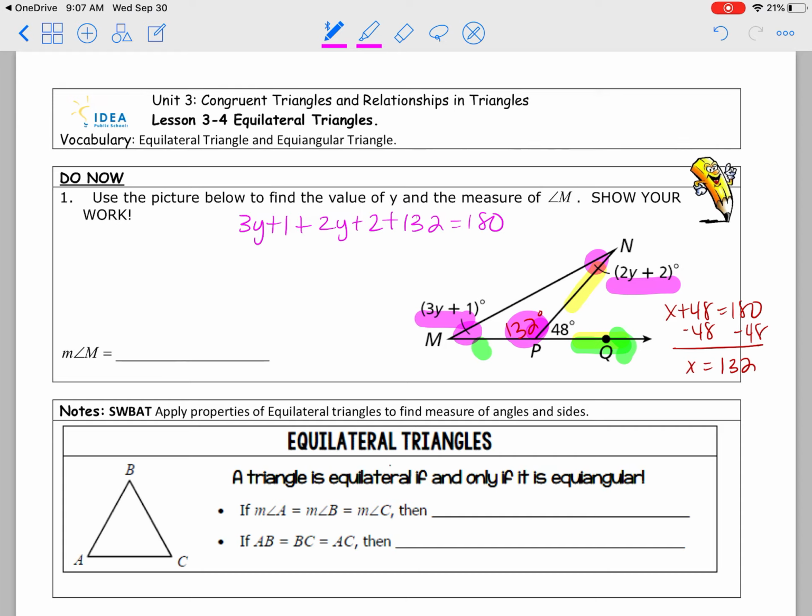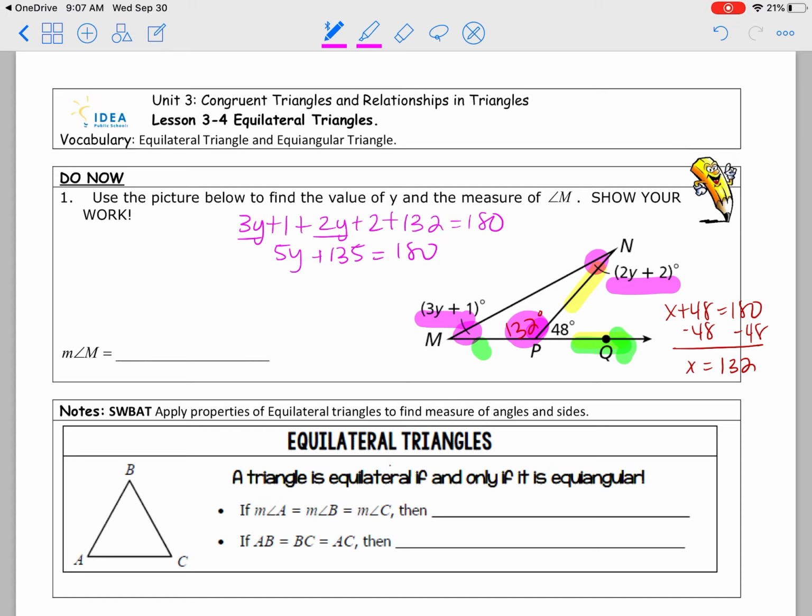Here we combine the like terms. 3y plus 2y gives me 5y. Then we add the constant numbers: 1 plus 2 plus 132. We get 135.